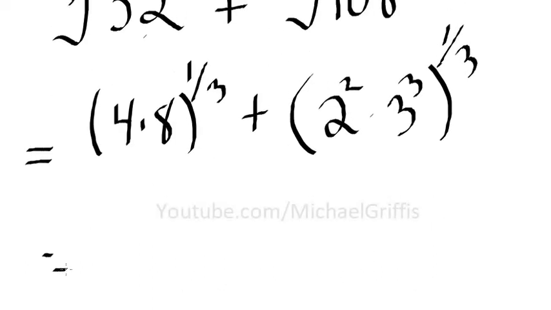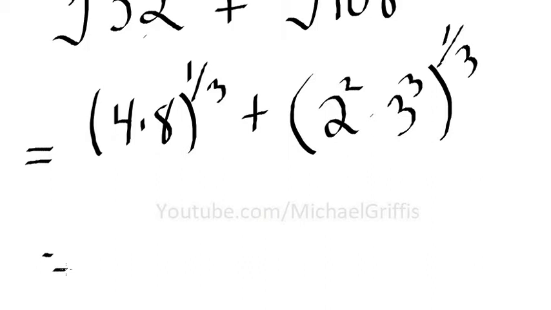So let's break this down over here. Thinking of something here. That's 2 squared times 2 to the 3rd.